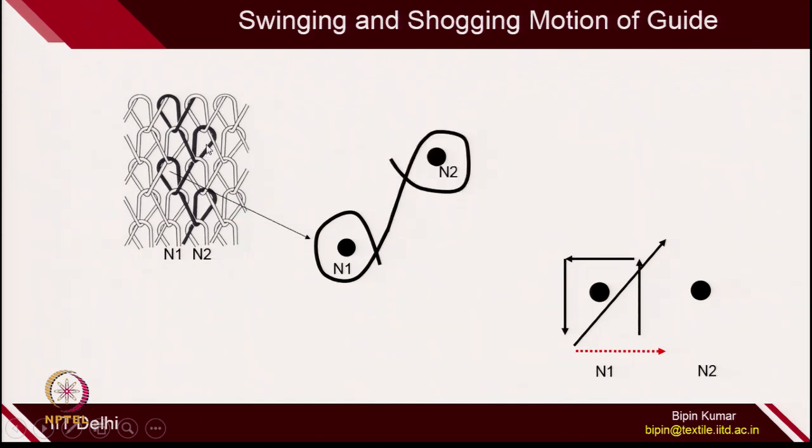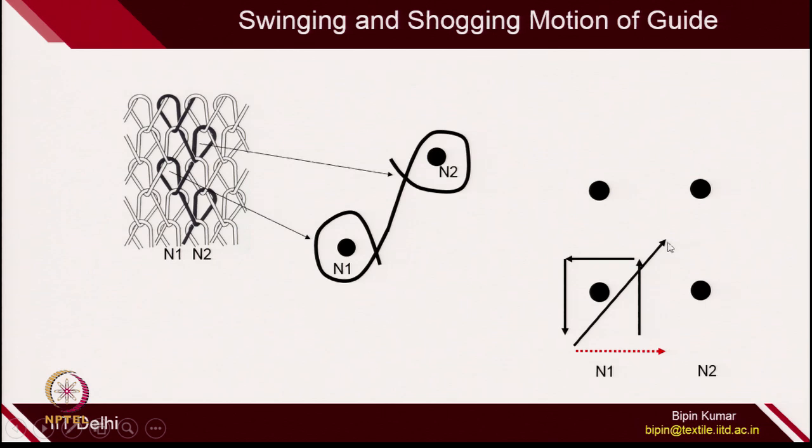For moving to needle number 2, the guide started from this position, it first swings, then does the shogging which is overlap, then again swinging. After that, it has to change position, because in the second course this guide bar has to provide yarn to this needle. So, definitely this guide bar has to come to this location, so that it can provide yarn to this particular needle. So, this is how the underlap has been done.